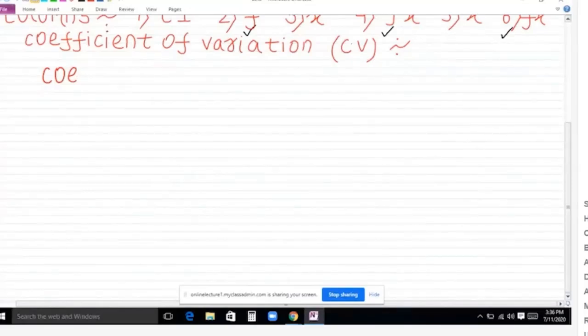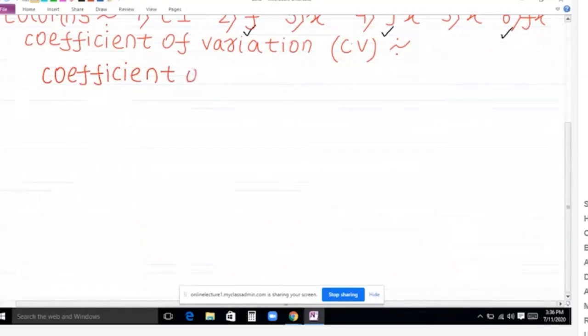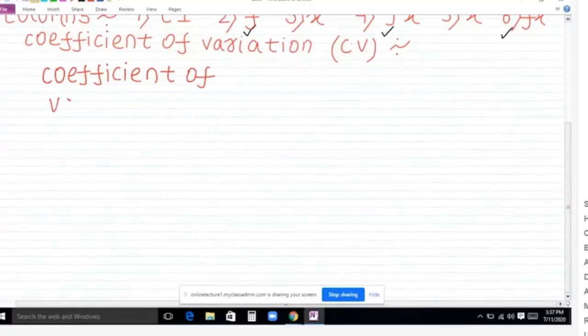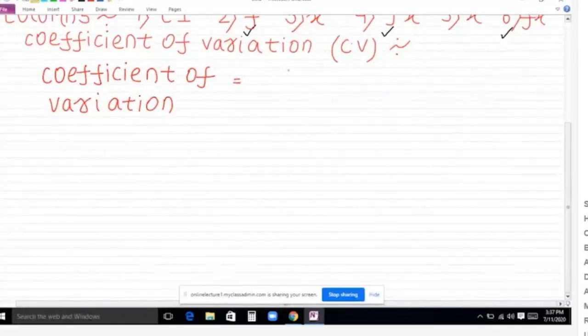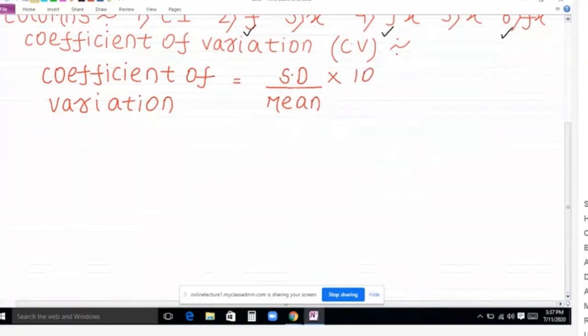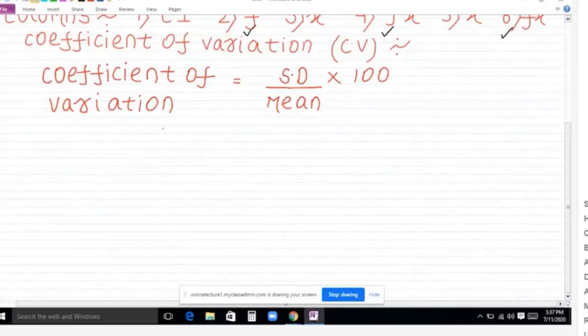Coefficient of variation is equal to standard deviation upon mean, multiplied by 100.